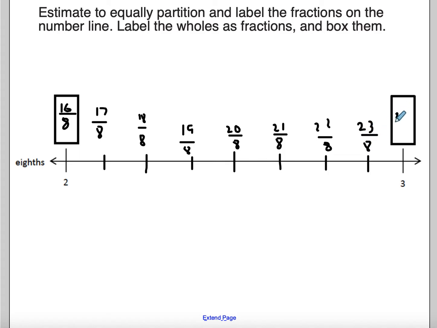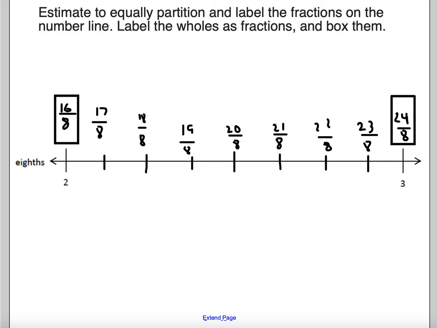And here, my boxed whole as a fraction, 24/8. 24 divided by 8 is 3, so I know I'm correct. So I've now split this number line in eighths to represent 2 wholes to 3 wholes on a number line.